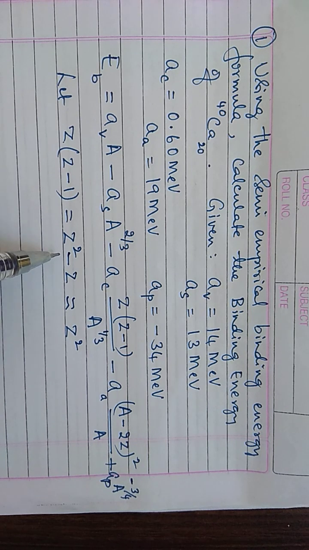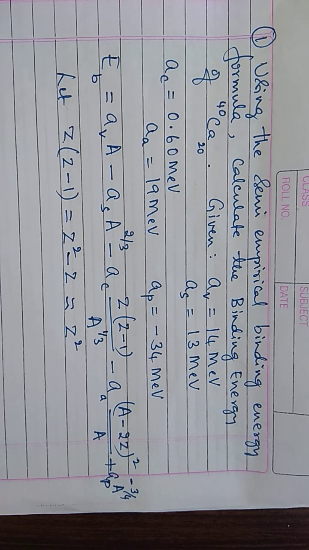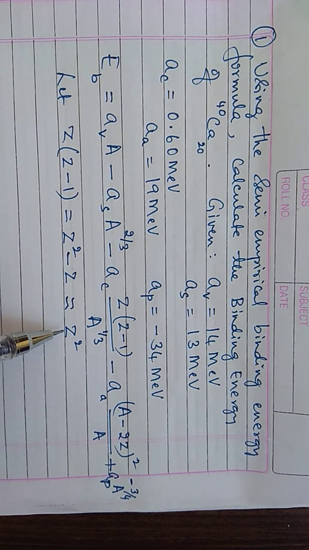Otherwise we can take Z square minus Z and do the calculation. Another idea is that compared to Z, 1 is very small, therefore it can be neglected. Anyhow, Z into Z minus 1 is approximately equal to Z square.